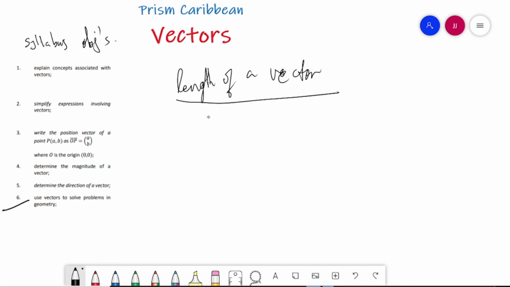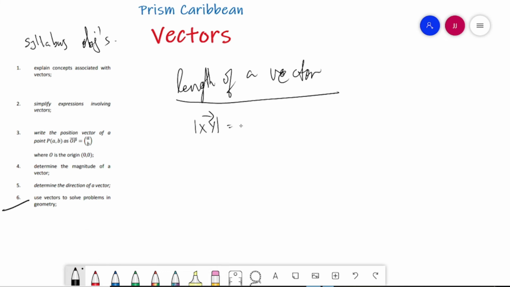So the length of a vector, right? This is the formula for the length of a vector. This is how it comes. They might say find this here, and this means simply length of a vector, right? So yeah, so let's get back to it.